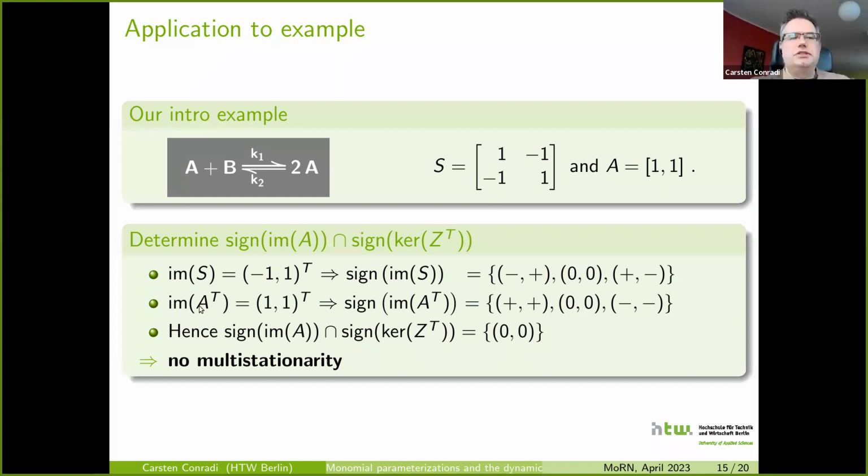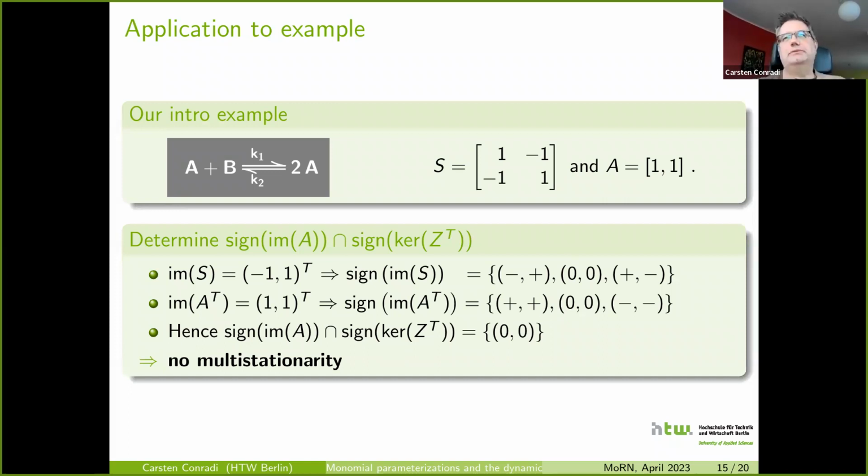The image of A transpose is just the line spanned by the vector (1, 1). And so it's clear that every element has either two positive entries, two negative entries, or is 0. And if we compute the intersection of these two sets of sign patterns, we see that they only intersect in the zero vector. And so basically this is a proof that this network does not have multistationarity.